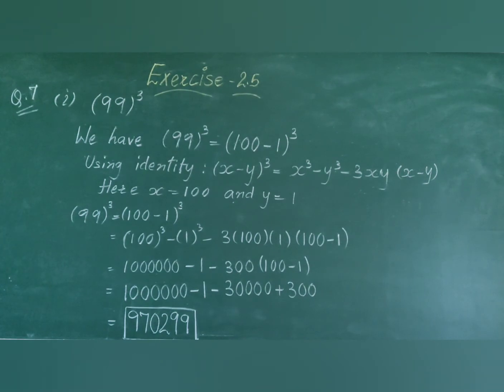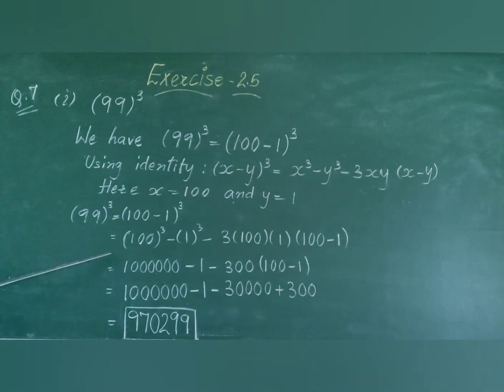So expansion of 99 cube equal to (100 minus 1) whole cube. Using the identity and inserting the values in the identity, we will get equal to 100 cube minus 1 cube minus 3 into 100 into 1 into (100 minus 1).